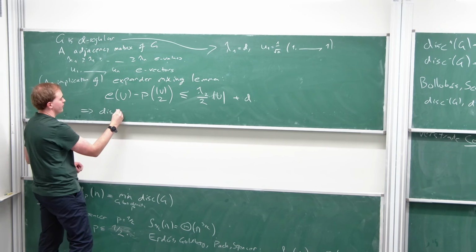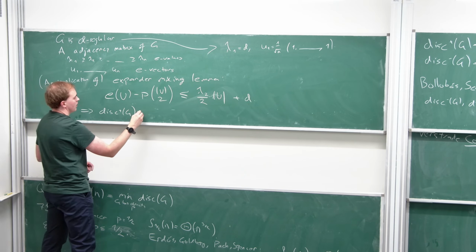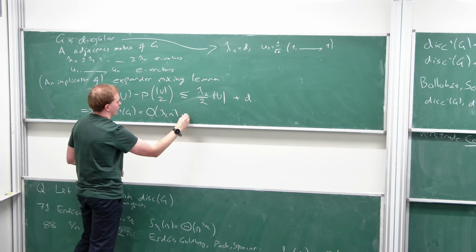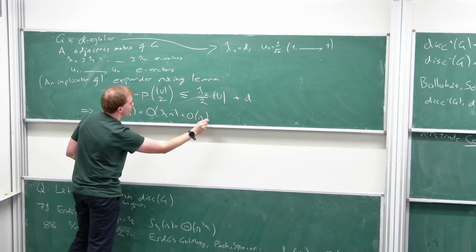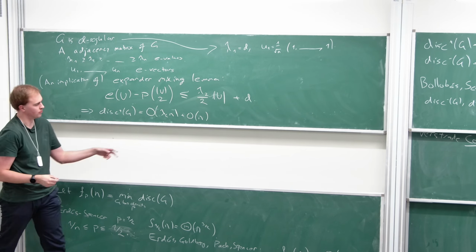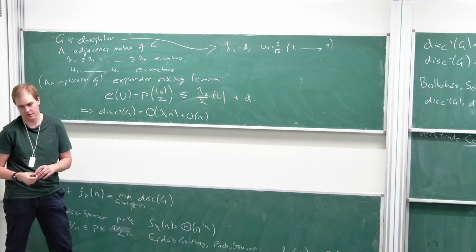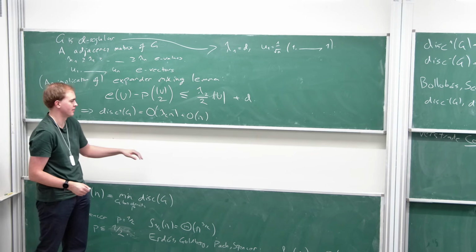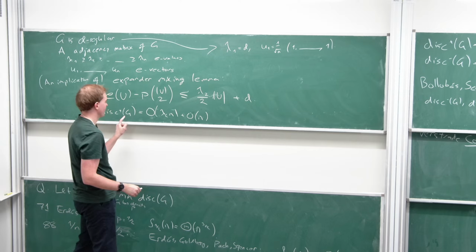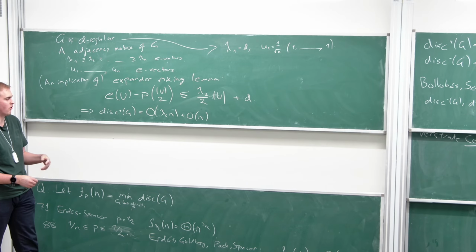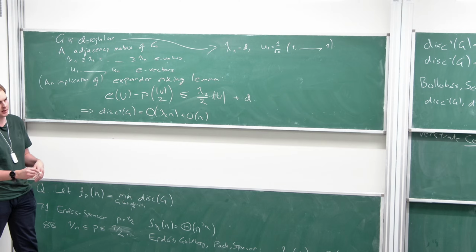So we conclude that the positive discrepancy is upper bounded by lambda 2 times n plus a term that is linear in n. If we can get away from the linear regime, this is going to be small compared to the positive discrepancy. So essentially lambda 2 is lower bounded by positive discrepancy divided by n.